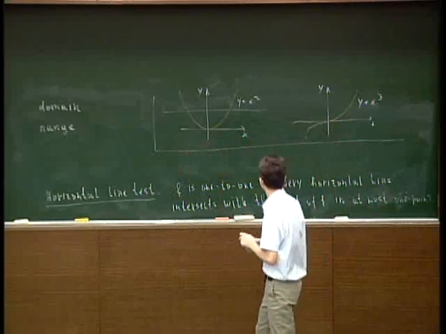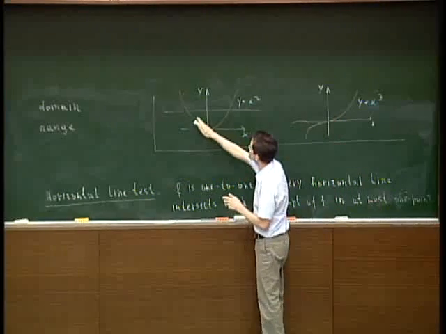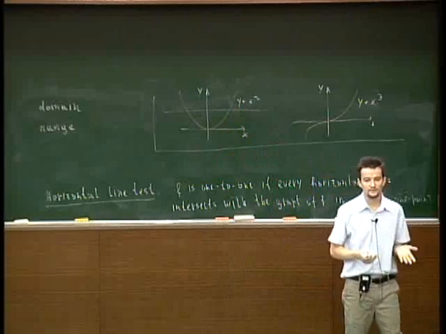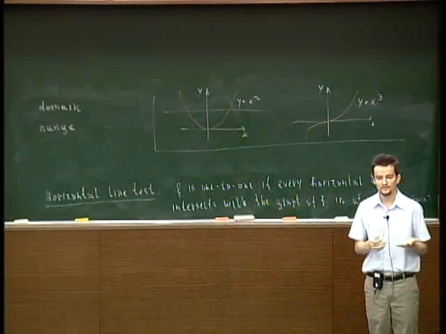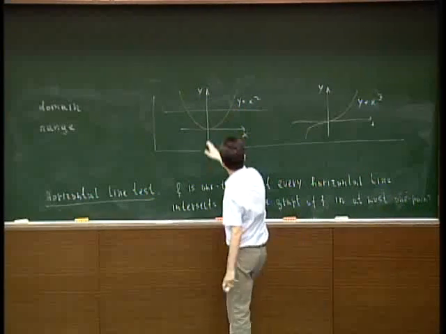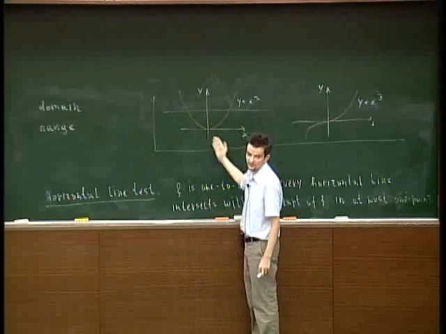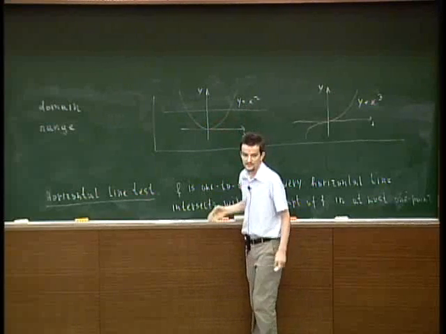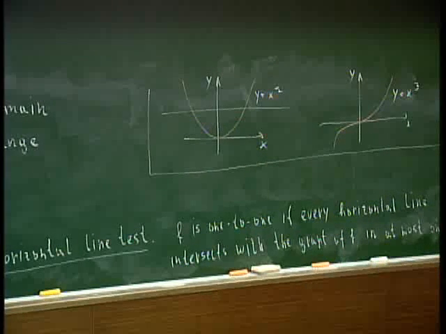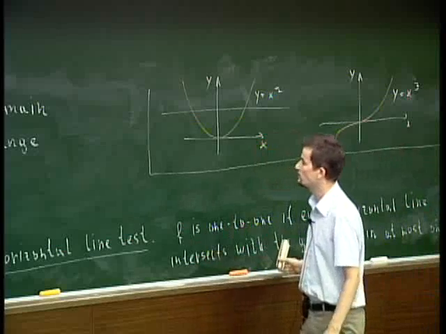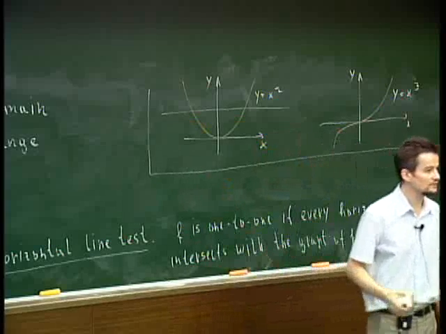Now, here you see already that whether this function is 1-to-1 or not also depends on the domain. So if the domain of this function is just positive x, then the function indeed is 1-to-1. So actually, to decide whether a function is 1-to-1 or not depends on the domain of the function.